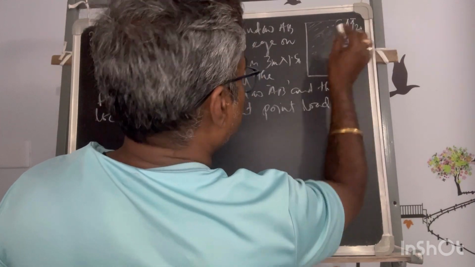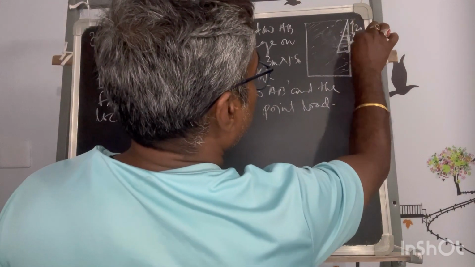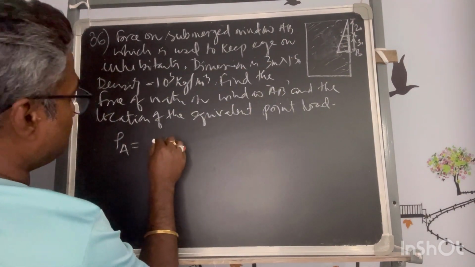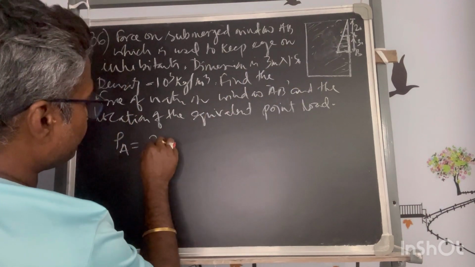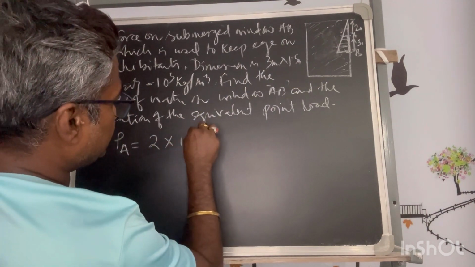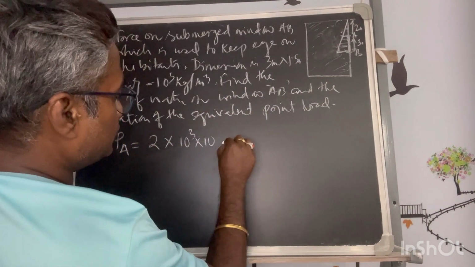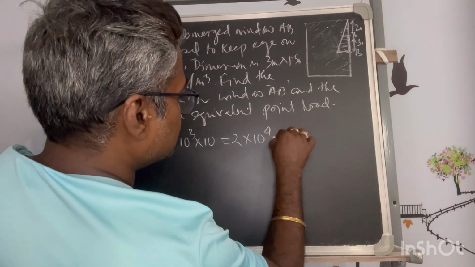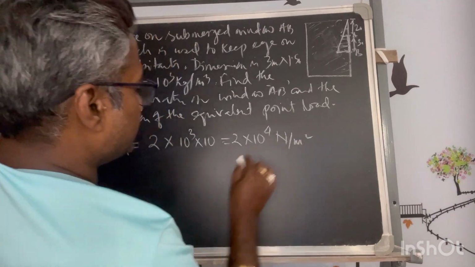So in that area, between PA and PB, what is the pressure at PA? It is equal to, your H is 2, into rho is 10 to the power 3, and G you can take 10. So 2 into 10 to the power 4, pressure is Newton per meter square. It is acting.